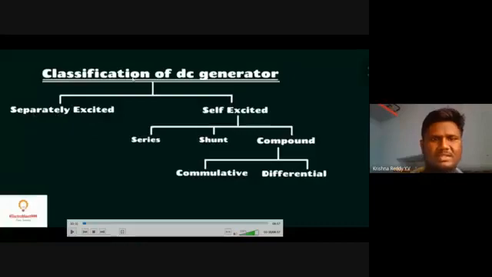Here we already discussed that DC generators are classified into separately excited and self-excited generators.